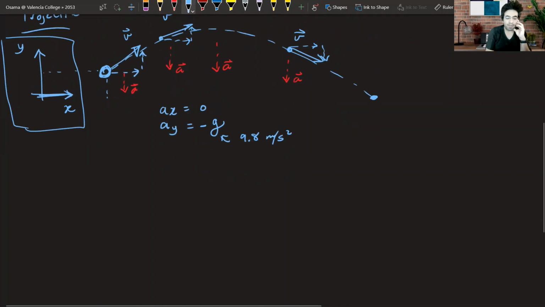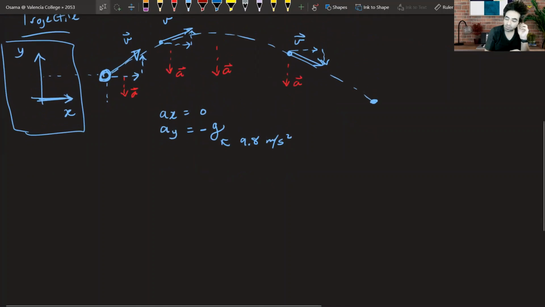Now, what I meant by the fact that the X and the Y components of the problem can be solved separately is that I can think about the X component of this motion. So let's say I'm thinking about the segment from A here to B here. So that's the segment I'm thinking about, A to B. Now this segment has X components of the displacement, and that looks something like this.